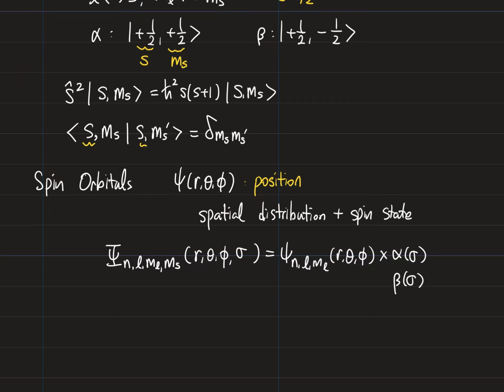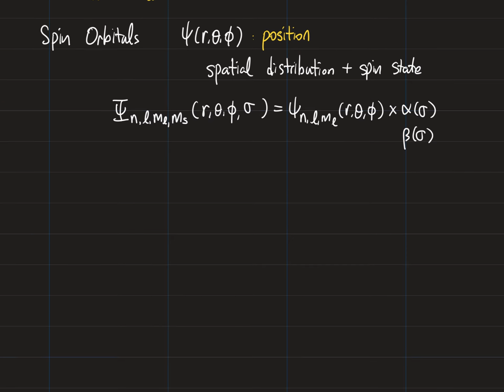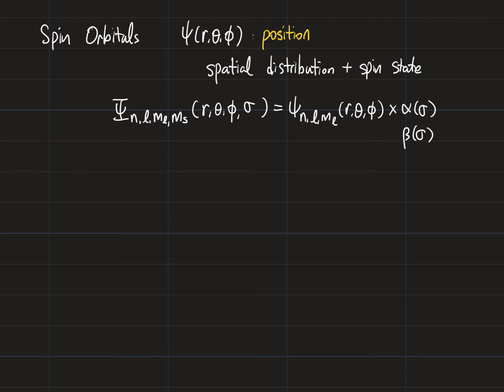Okay, so let's look at a concrete example. Here we have the ground state of hydrogen, the 1s orbital. And we can have the 1s alpha state, spin up, and the 1s beta state.